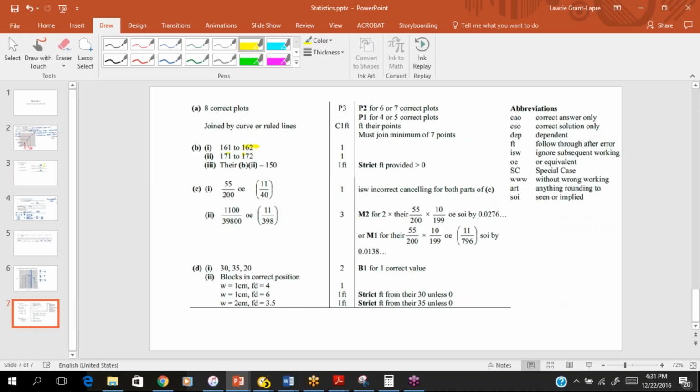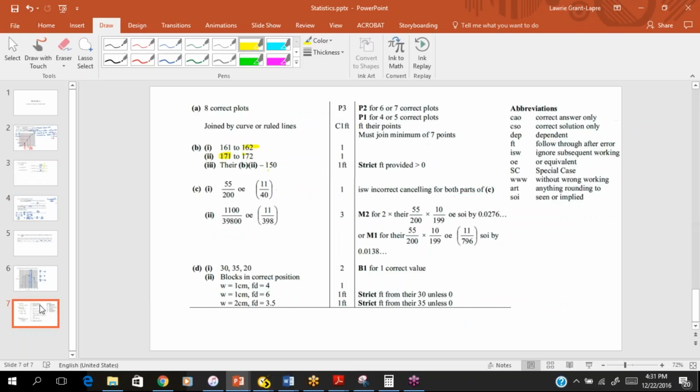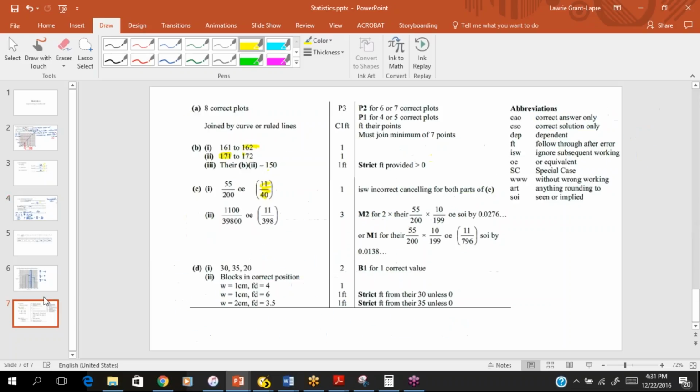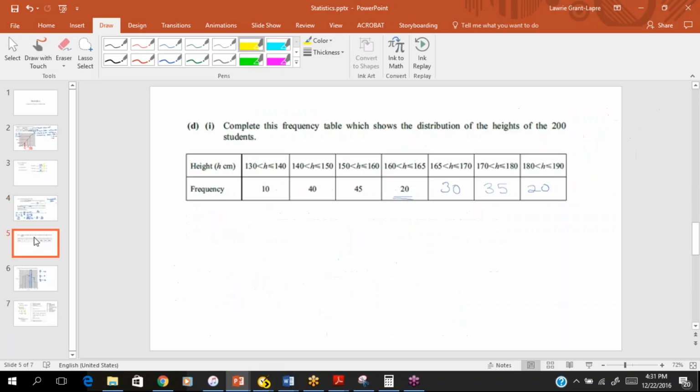Their answer for part 2, minus 150, and so we had minus 150 is 21. And the probability here was 11 over 40 or 55 over 200. We had 11 over 40. The answer could be 11 over 398. We had 11 over 398.